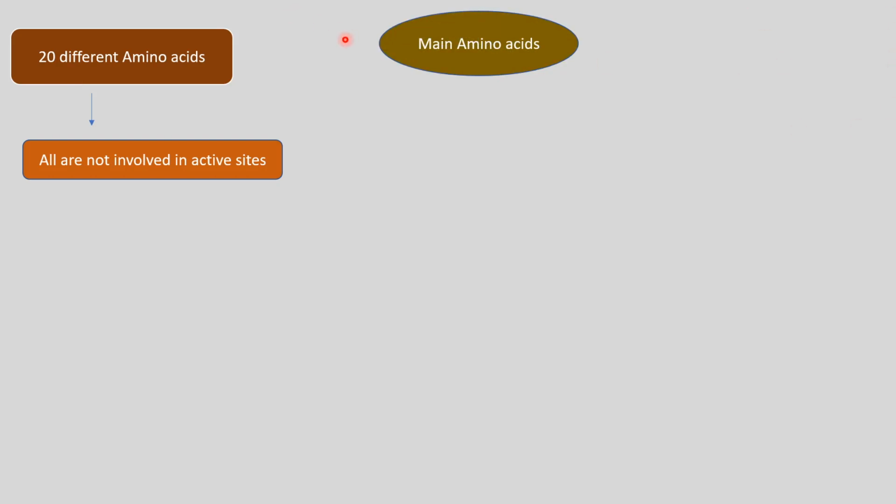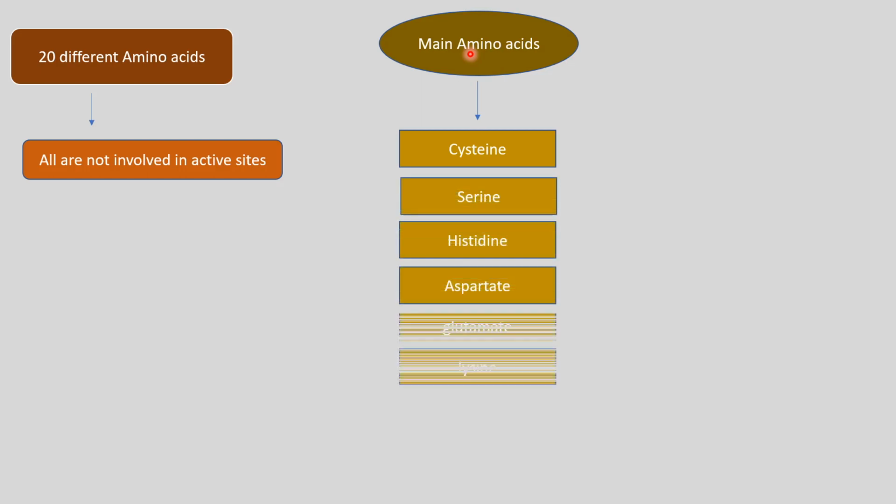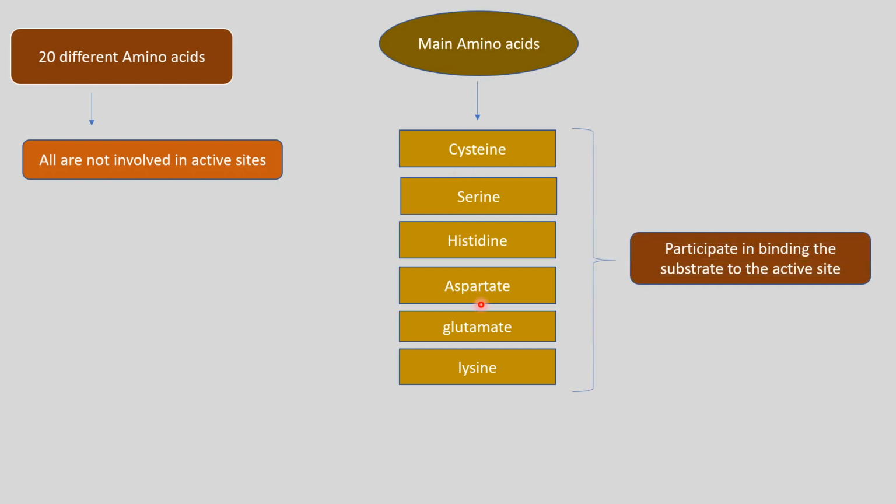So we need to know what the main amino acids involved in active site formation are. These are cysteine, serine, histidine, aspartate, glutamate and lysine. So mainly these 6 amino acids are associated with the active sites.